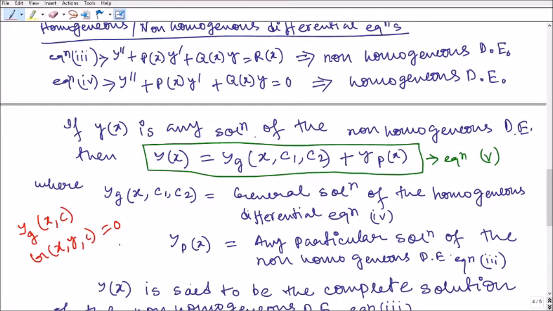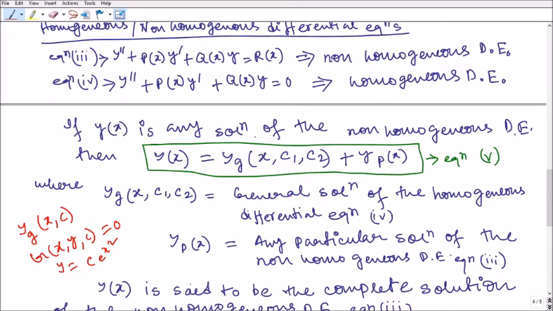Suppose like y equal to c times e to the power x square. So the general solution is a function of x and c, that is the independent variable x and one constant c, and the solution is of the form g of x, y, c equal to 0. But for a second order differential equation, we have two constants. That is why the general expression for the non-homogeneous differential equation would have two constants, that is c1 c2.